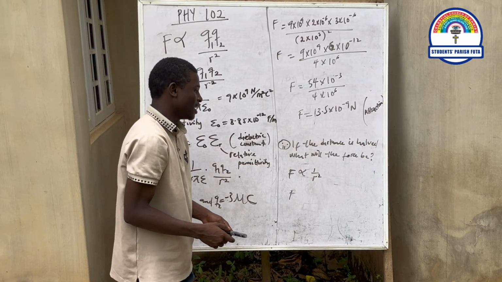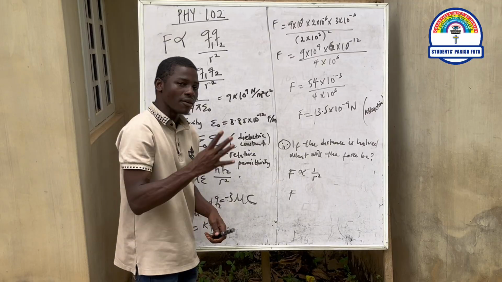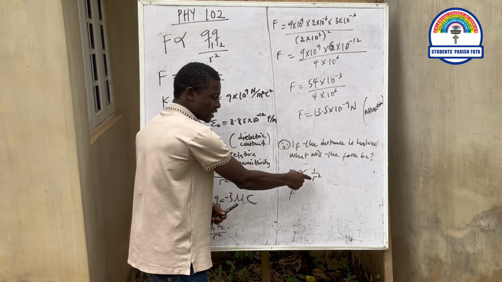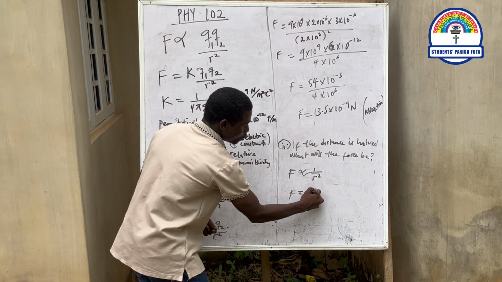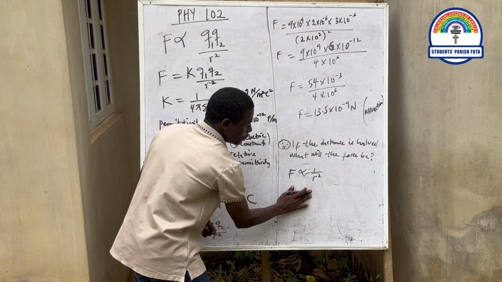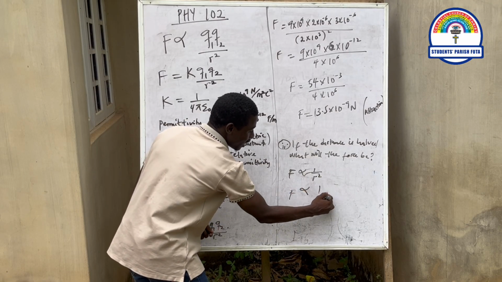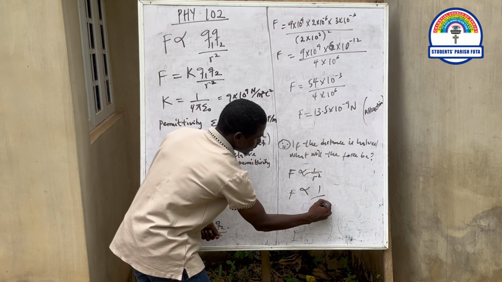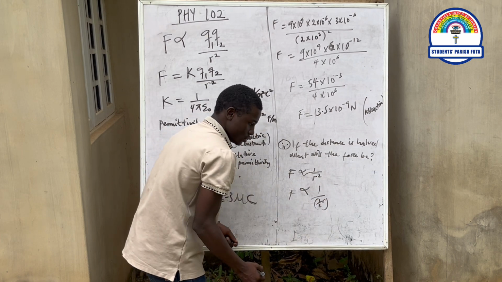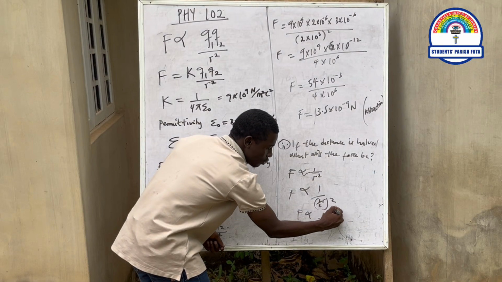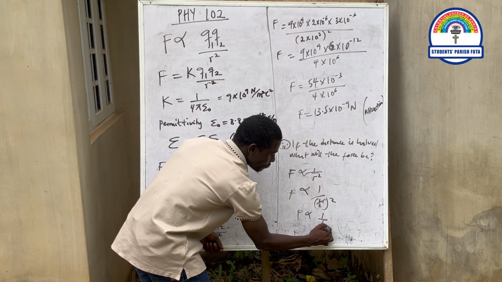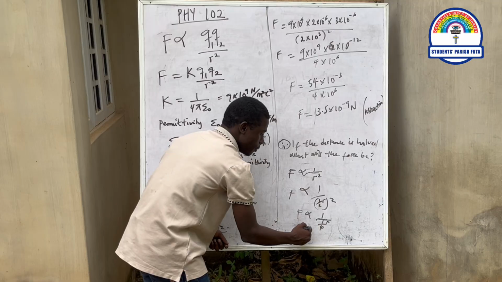It is inversely proportional. It means you are multiplying your force by 4. Let's use that proportionality constant, F equals K over R square. Now my R is not R again, it is 1/2 R. Do you understand? So it becomes 1/4 R square, so this 4 is coming up.